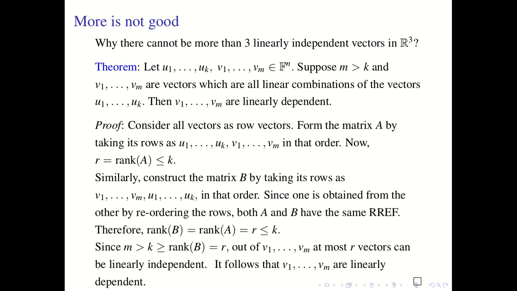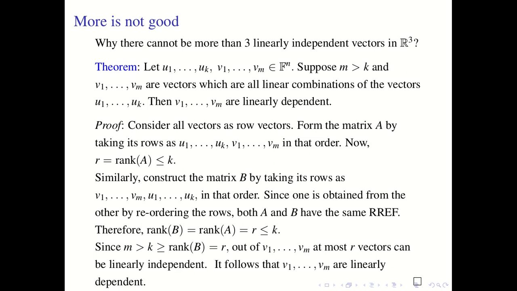Now construct a matrix B by taking the first m rows as v1 up to vm and the next k rows as u1 to uk. Now the matrix B is nothing but matrix A with some rows exchanged, swapped, or interchanged.